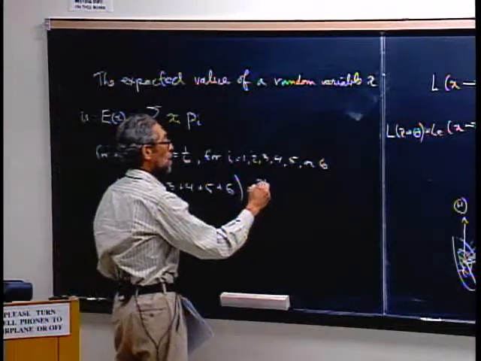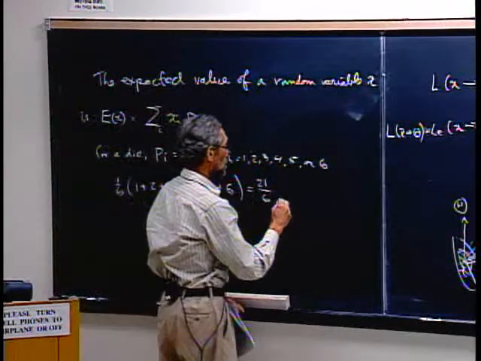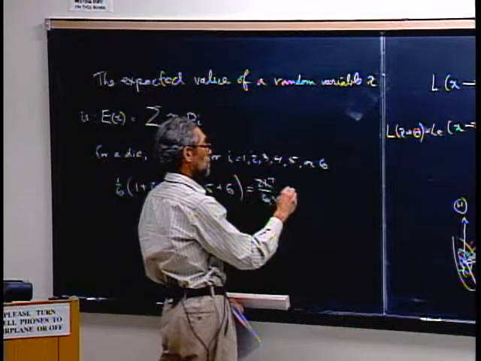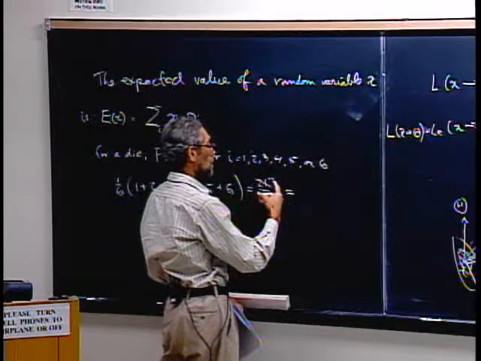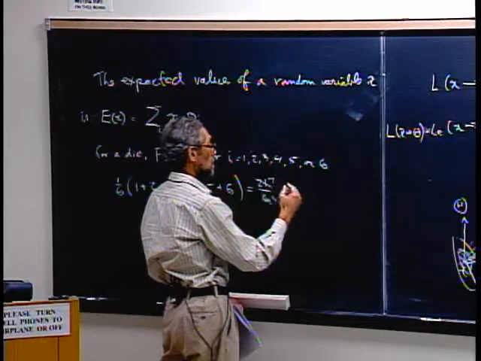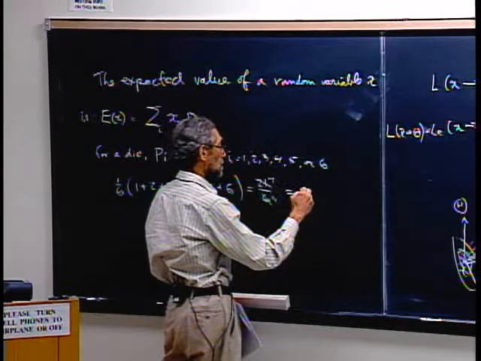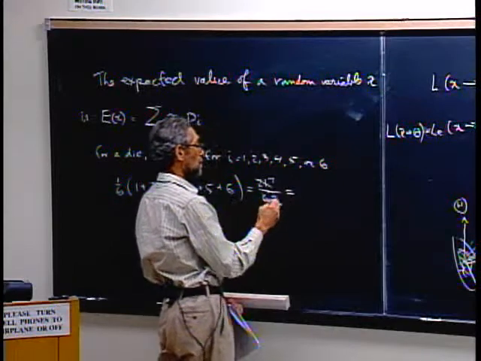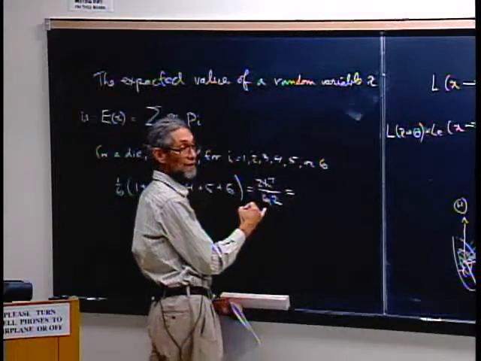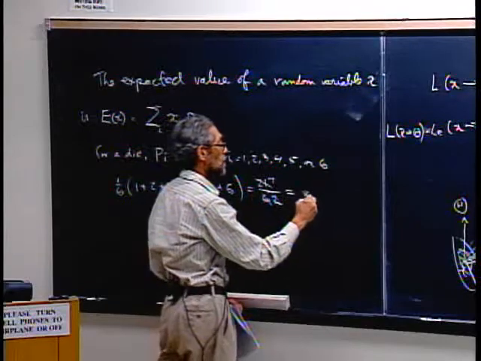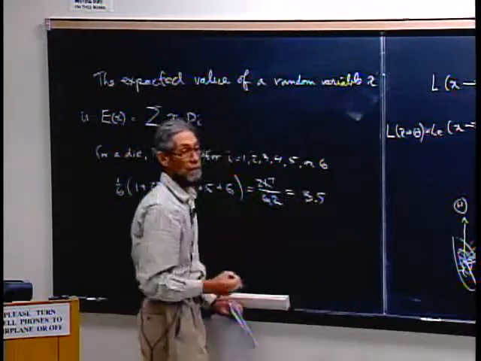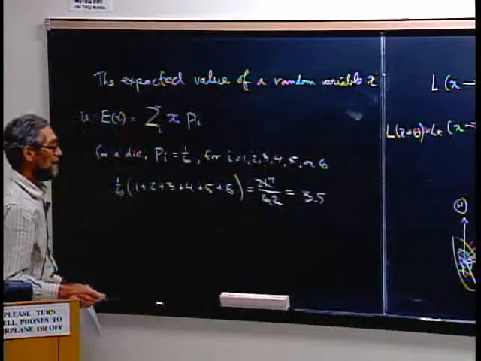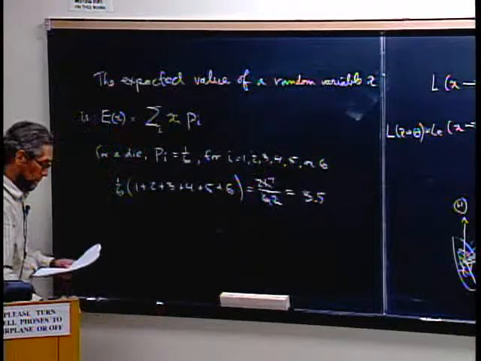So we have 21/6, which is, I can cancel a 3 out of this and a 7. No, 7 halves. I canceled wrong. 7 halves, because I canceled 3 from each of these. So 2 goes into 7 3 times and a half left over, 3.5, which is sort of halfway in between. Okay, so that's the expected value of a die.